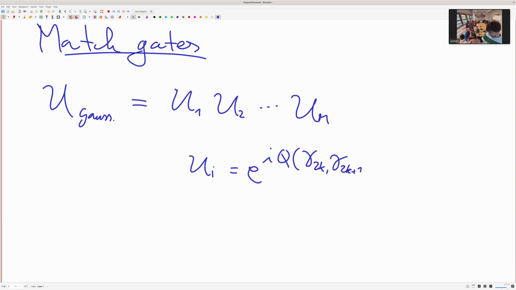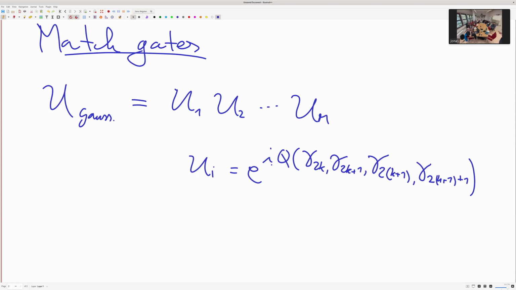So it's like the kth fermion and the (k+1)th fermion. So this is just a second order polynomial of these variables.